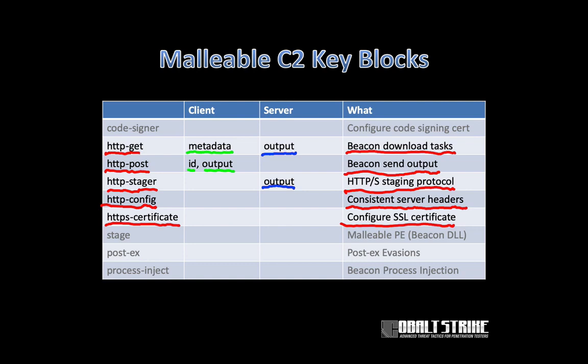And there's a few other ones here: stage, PostX, and process inject. We'll go into those with more detail later. A code signer, I'm not going to mention in this course, unfortunately, but I recommend you take a look at it. This is a block where you can configure a code signing cert, because Cobalt Strike, when it exports an executable or DLL, does give you the option to sign those files if you have a code signing cert.